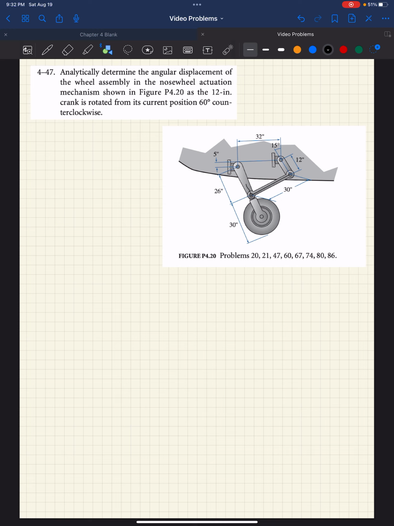So start by tracing all the links of the figure. The links that matter, we're not going to worry about this actual wheel assembly down here because that's really not part of the kinematic mechanism that we're looking at.